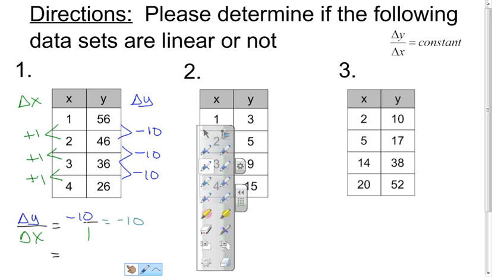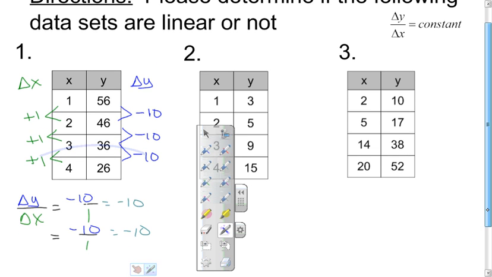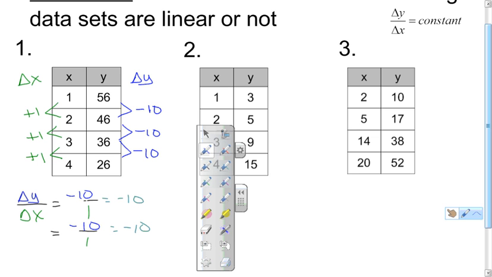The second one is also negative 10 divided by 1, which is also negative 10. And the third one, it's pretty easy to see, is also negative 10 over 1. So that, in fact, is negative 10.